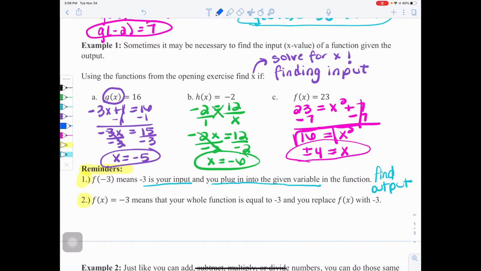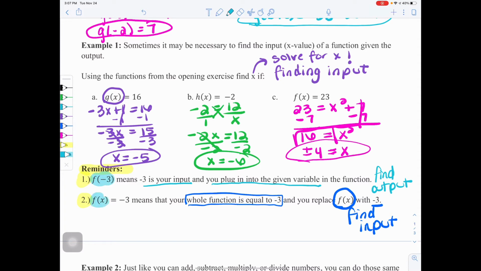On the other hand, f of x equals negative 3 means that your whole function is equal to negative 3. That's important. And you replace the entire f of x with that negative 3. So here you are finding the input. This notation is so very important to know the difference between.